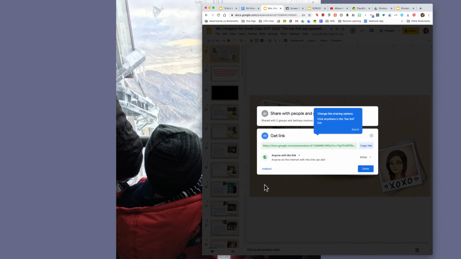If I click here, I can make that change because it might by default just be here. You want to change it to anyone with a link. That way people who are clicking on your work can open it. And you might want to change it to be viewer though, not editor. Editor means that anyone with a link can change things on your project and you don't want that. So you're going to want to change it to viewer.